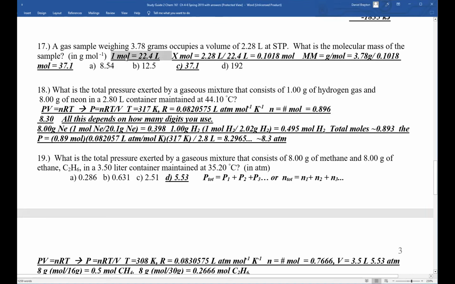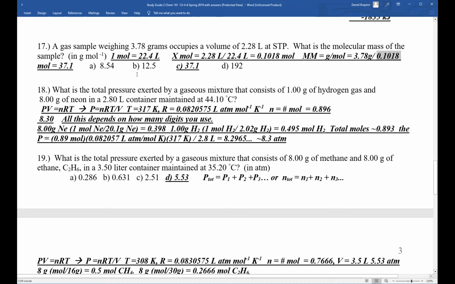And that's how many moles there are. So we divide the total gram amount by this molar amount, and we'll get the grams per 1 mole. And 3.78 divided by 0.1 should be about 37, and that's about where it shows up.